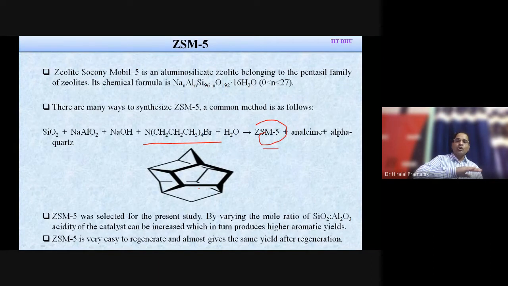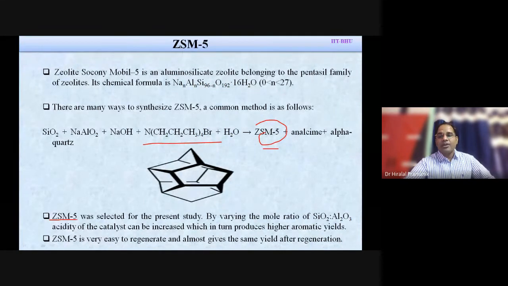Sometimes for more aromatics, or aromatization or alkylation, you have to modify the catalyst. Then it is converted to hydrogen ZSM, HZSM. Okay, and based on your need, you have to treat the catalyst. But this is the simple technique to synthesize catalyst from natural material. And I'm not going into detail of that catalyst because of shortage of time.